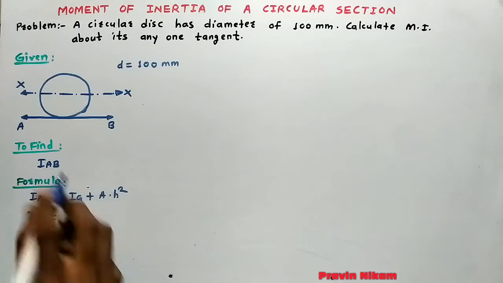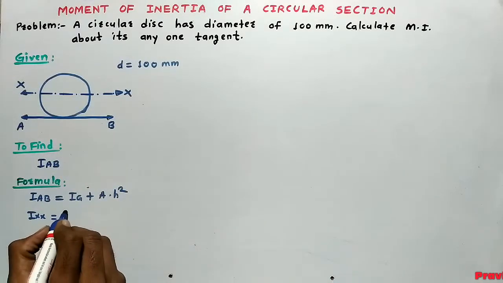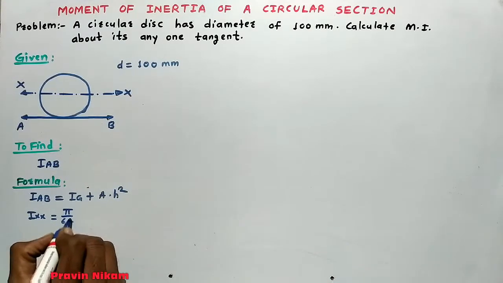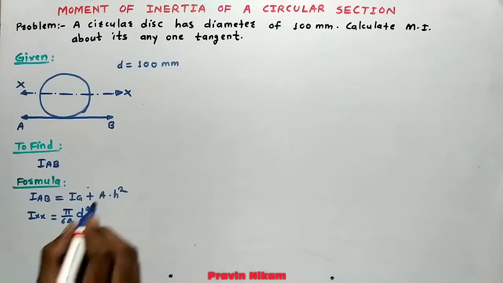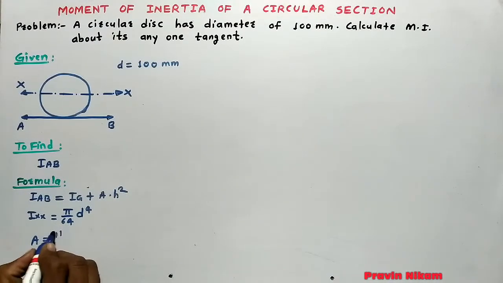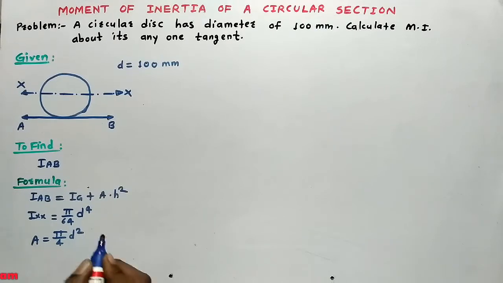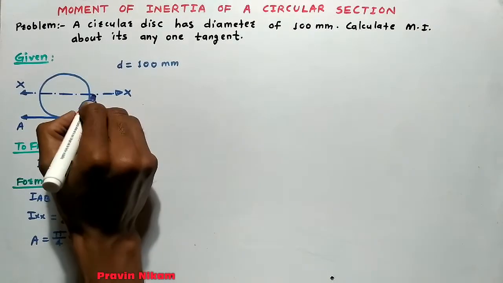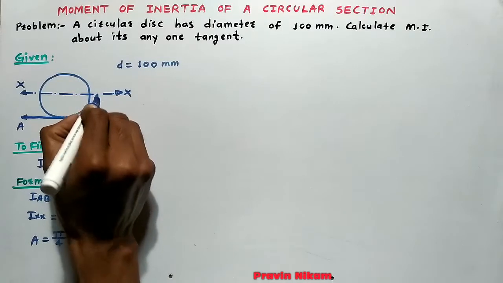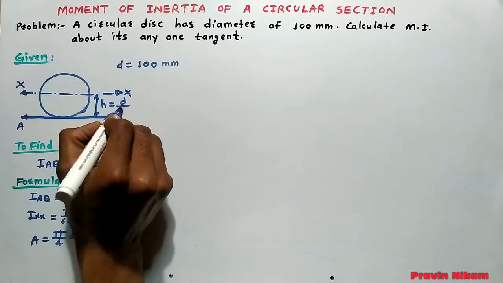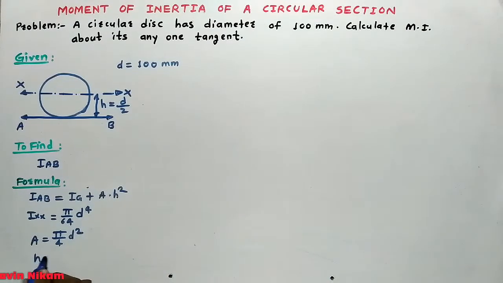Ixx for a circular section is pi by 64 d raised to 4. Area of the circle is pi by 4 d square, and h is d by 2. This is h, equal to diameter by 2. So h is d by 2.